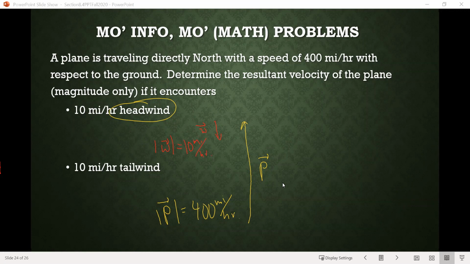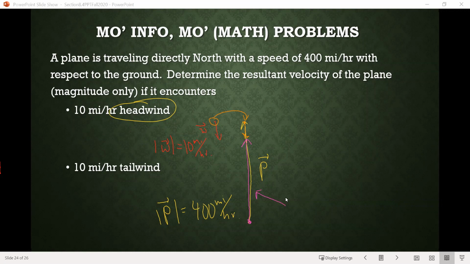And we want to figure out what happens to the velocity of the plane when it encounters this headwind. And so vector-wise, what we can do is add these two vectors together, which means we take the initial point of W and put it at the terminal point of P. So it looks something like this. So there's that vector W there. And then the resultant vector, remember, will go from the initial point of P to the terminal point of W. So this would be a resultant vector here.